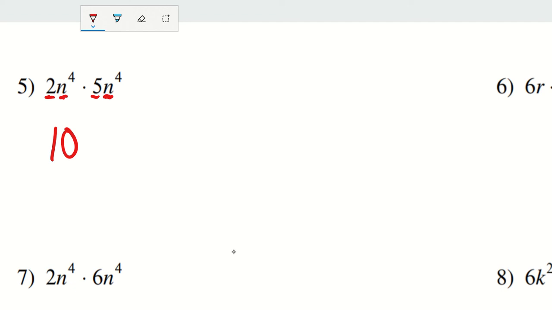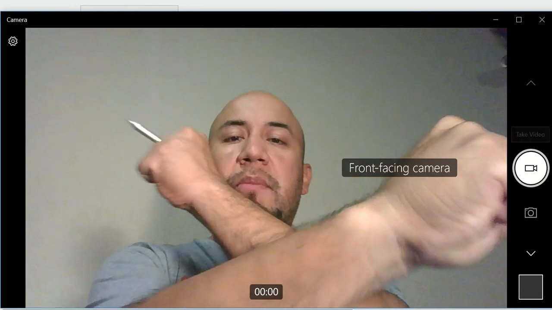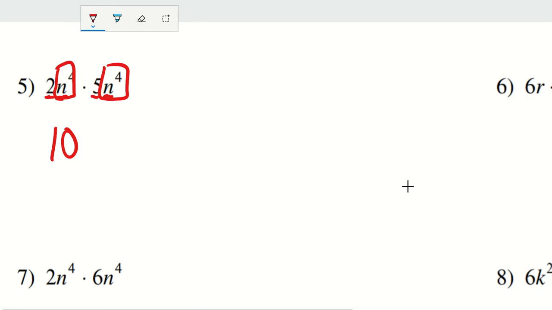They have the same base, both of them have n, so I can multiply those two together. When we multiply letters, what do we do with the exponents? We add them. So we're going to multiply n to the 4 times n to the 4. Of course, 4 plus 4 is 8. That would be our simplified expression.